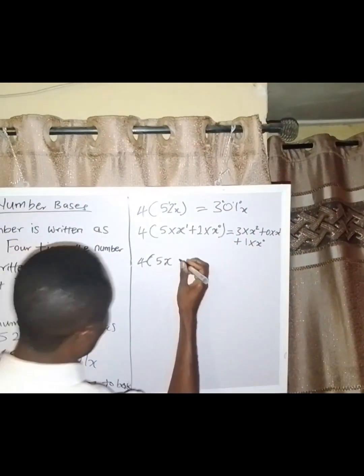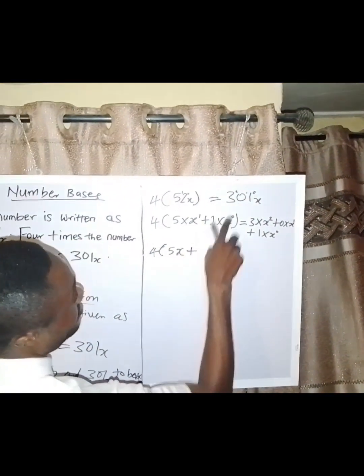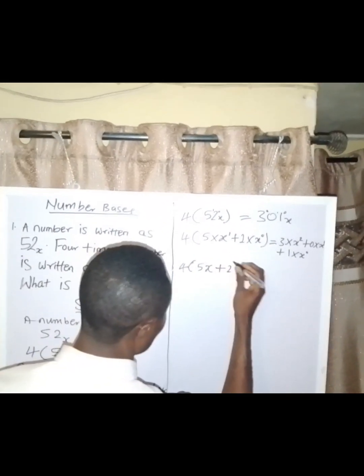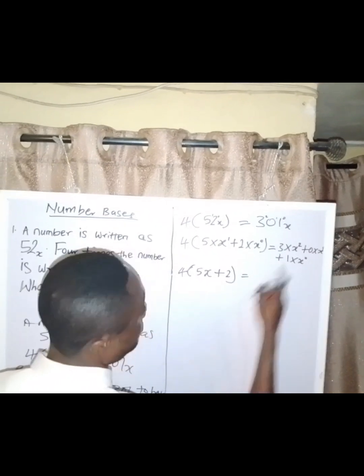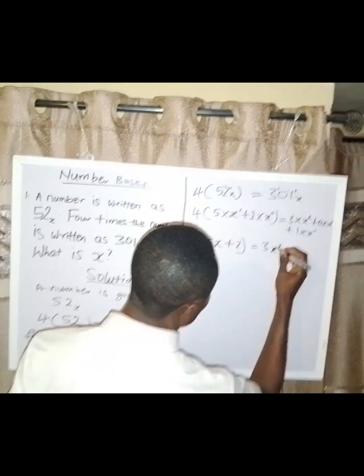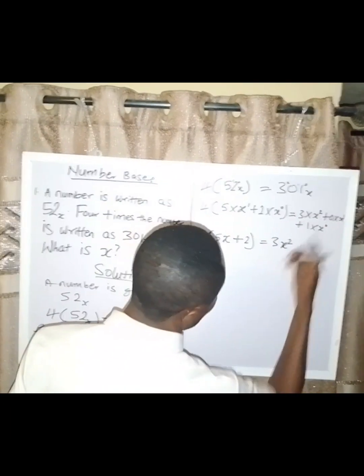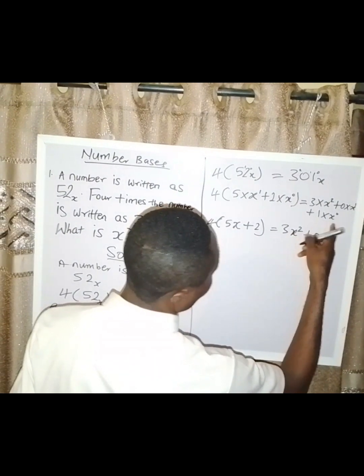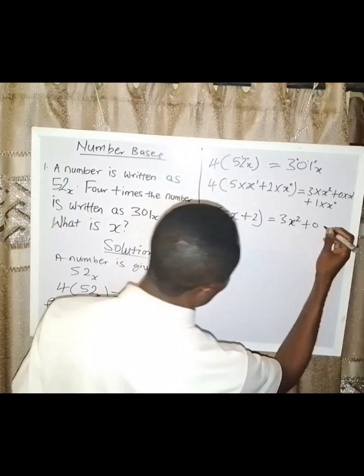Then we have x raised to the power of 0. Anything raised to the power of 0 will give us 1. 1 times 2 will give us 2. We close the bracket, which is equal to x squared multiplied by 3, which gives us 3x squared. 0 times x to the power of 1 will give us 0. We have x raised to the power of 0 multiplied by 1, which will give us 1.